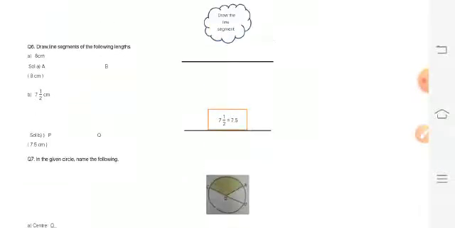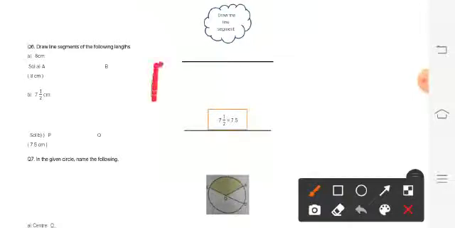In question 6, you have to use a scale to draw the line segment. Put a scale on your notebook starting from 0, draw a line segment up to 8 centimeters and name it A and B.